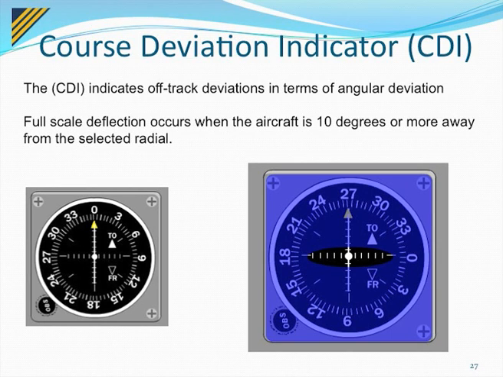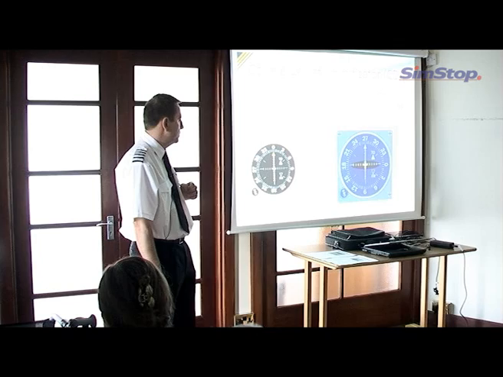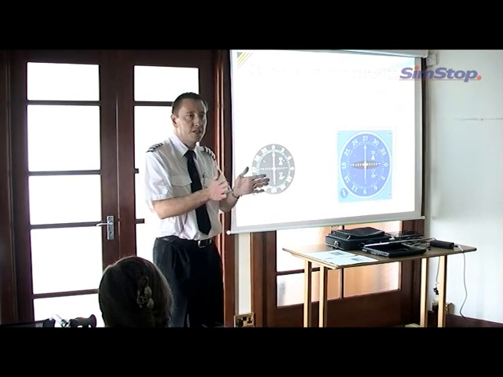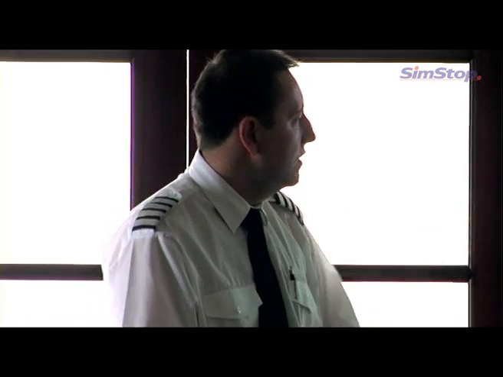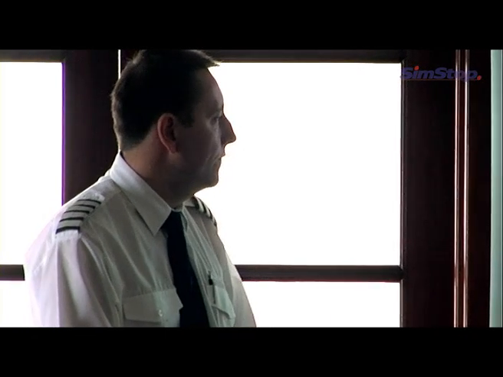So, as we said, the course deviation indicator shows angular displacement from your selected course. As you fly towards a VOR, because the radials are like spokes of a wheel, they get closer together. Therefore, the course deviation indicator becomes more sensitive. So very small changes in heading are required to turn onto your selected course.